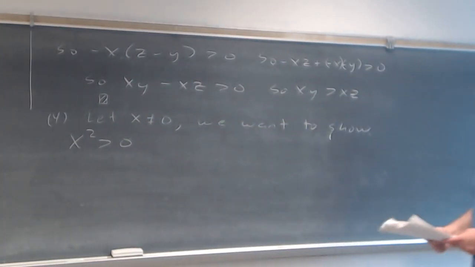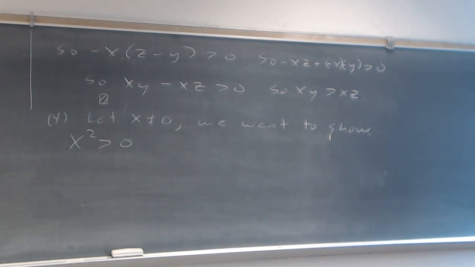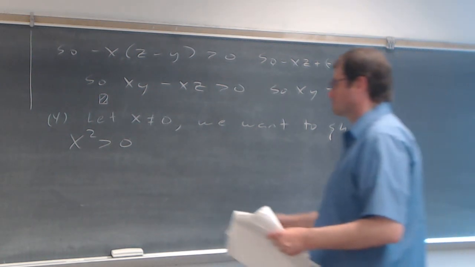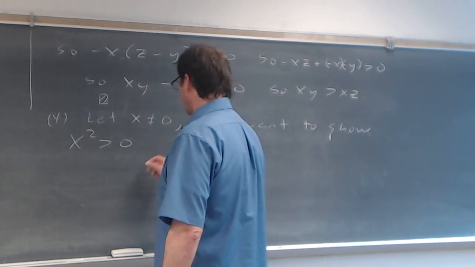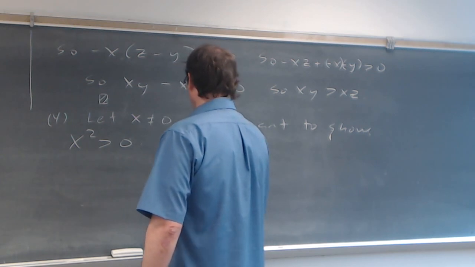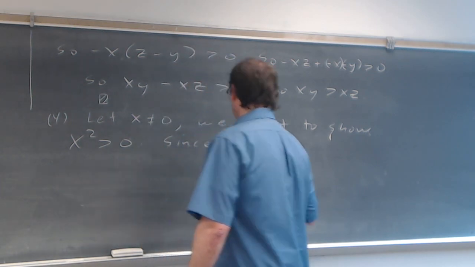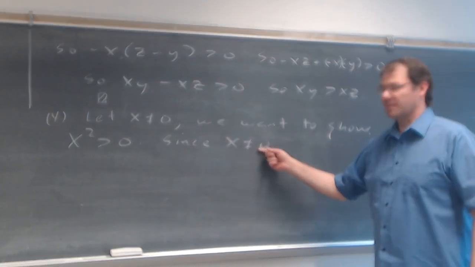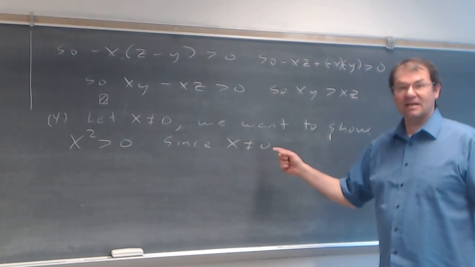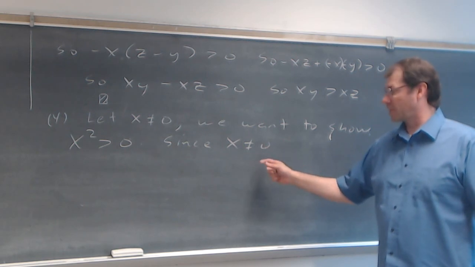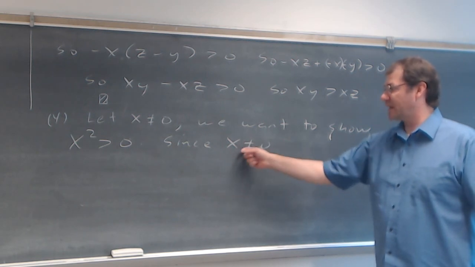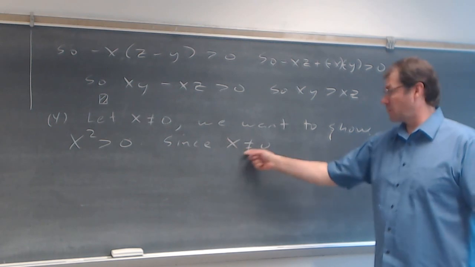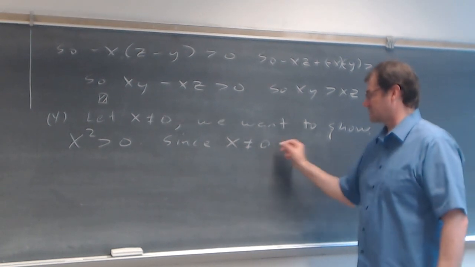Okay, in order to do this, we're going to break it up into cases. So here, since x is different from 0, and F is an ordered set, when you have two elements of F, they fit into exactly one of the following categories. Either x is bigger than 0, x is equal to 0, or x is less than 0. We know x isn't equal to 0, so we only have two more cases.